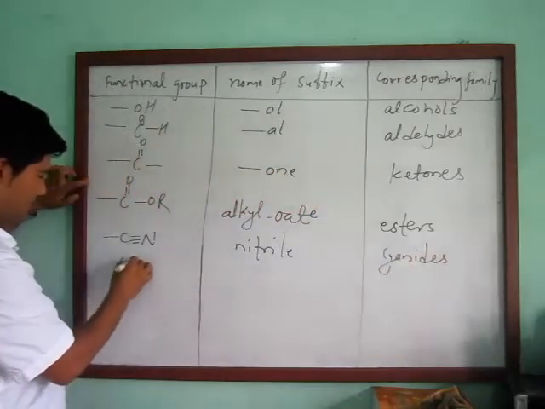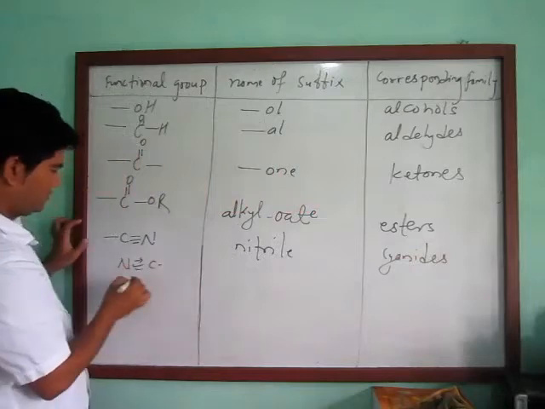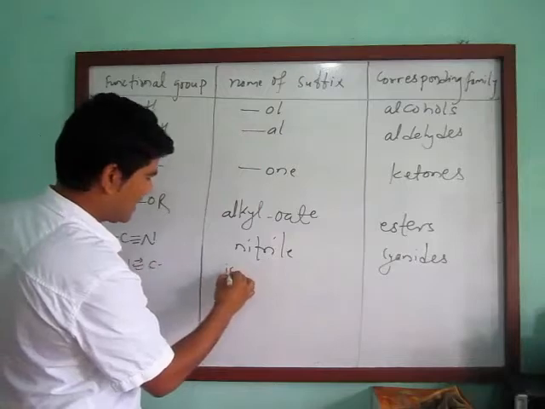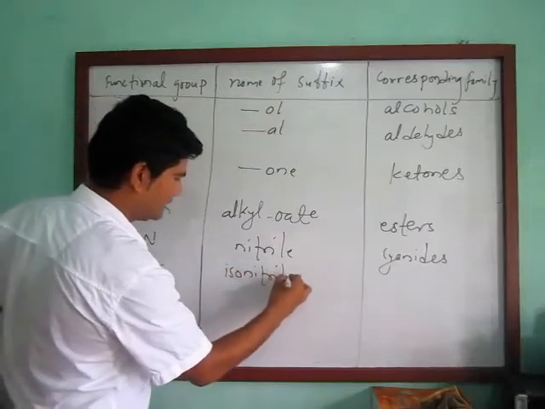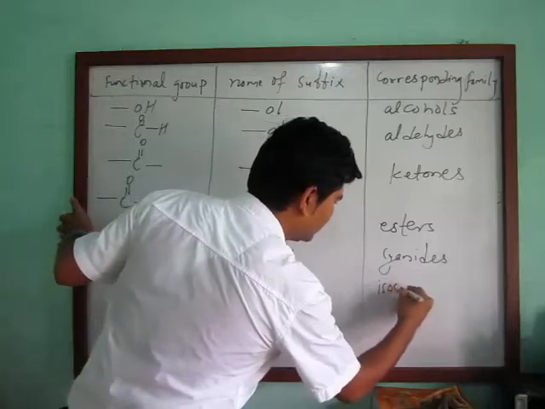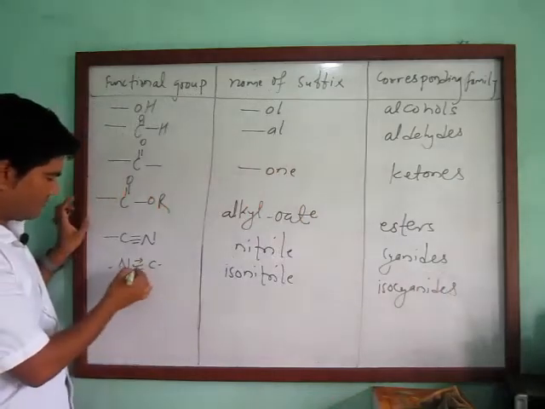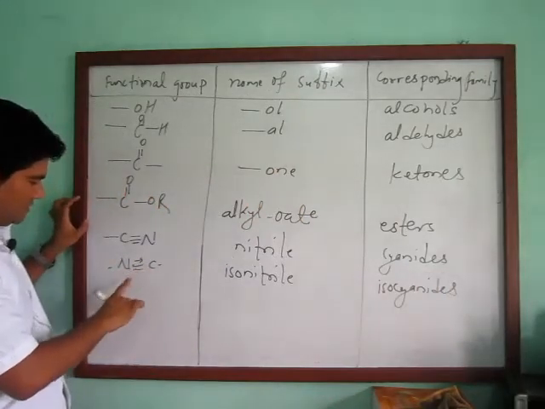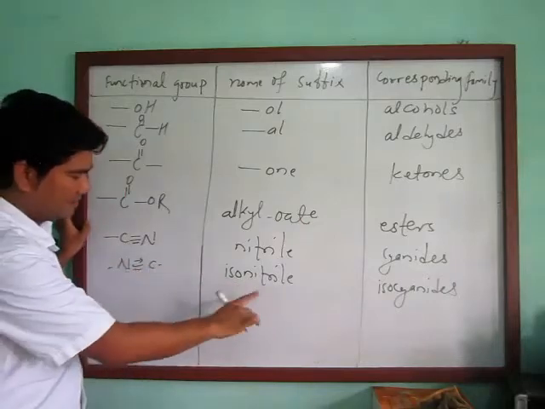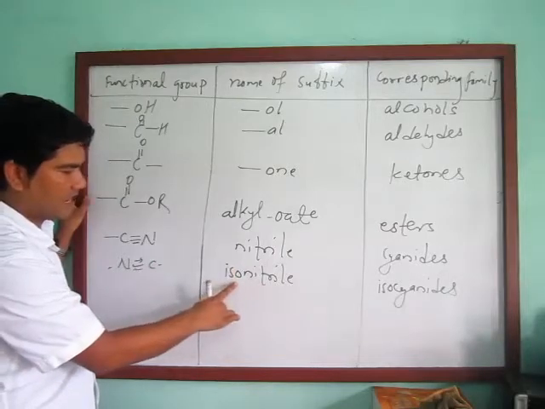Similarly, for this type of compound, we should use isonitrile, isocyanides. This type of organic compound, which contains N-C like this here, comes under isocyanide, and their suffix is isonitrile.